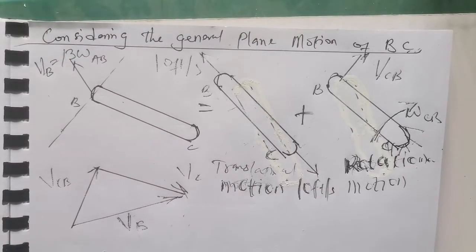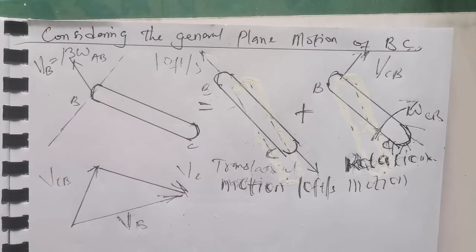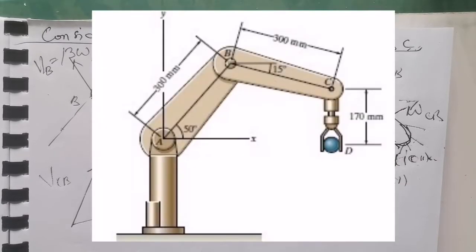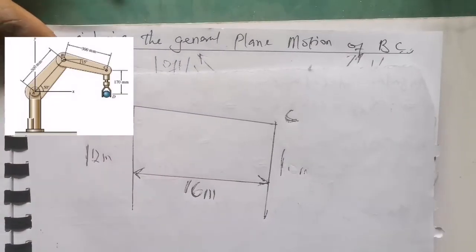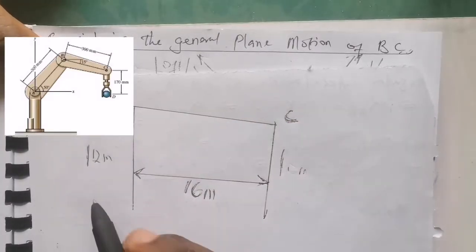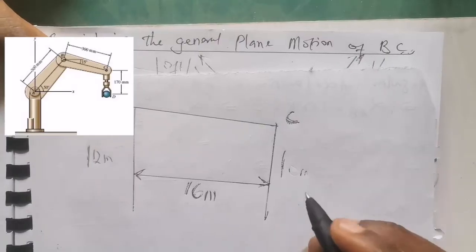All right, now we need to find the angle between either of them. To do this, I'm going to show once more the original diagram, because my diagram is not properly drawn. Now, we have B to C, and this height was given as 12 meters, whereas this height was given as 10 meters.